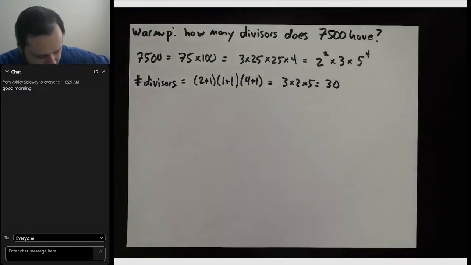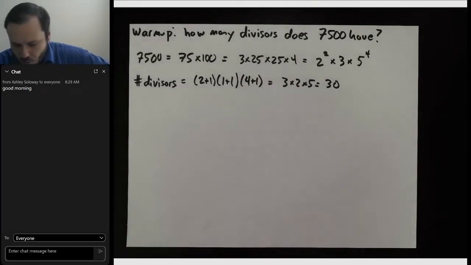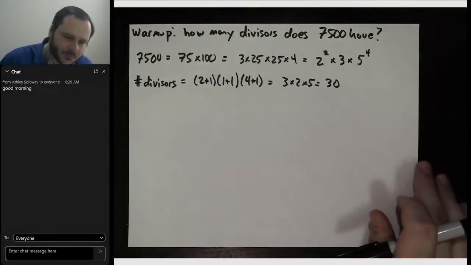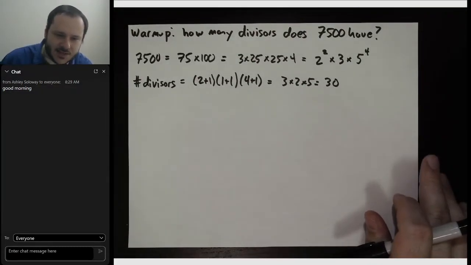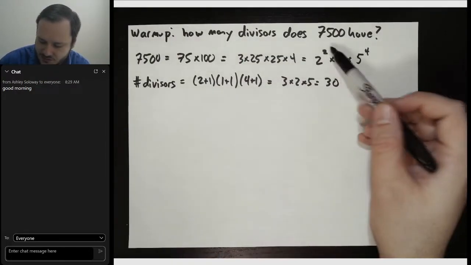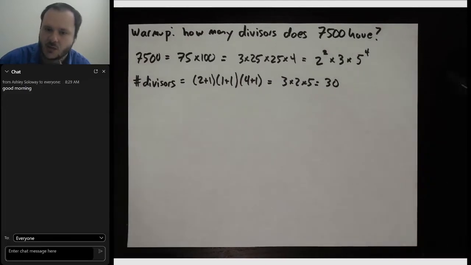So I want to ask, where does this rule come from? Why is this the number of divisors? Why does the number of divisors relate to the powers on this exponent?